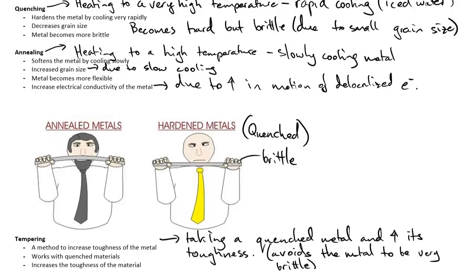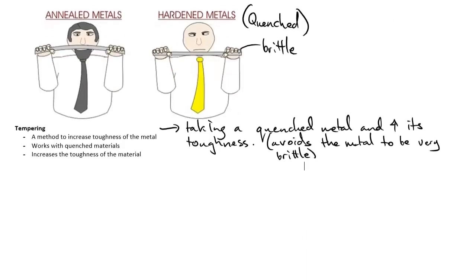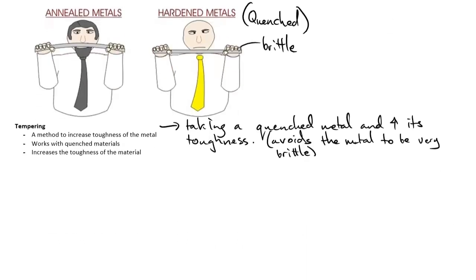So tempering involves first of all quenching a material. Step one would be quench a metal, and step two would be taking that quenched metal and reheating. This is all under the process of tempering, by the way.